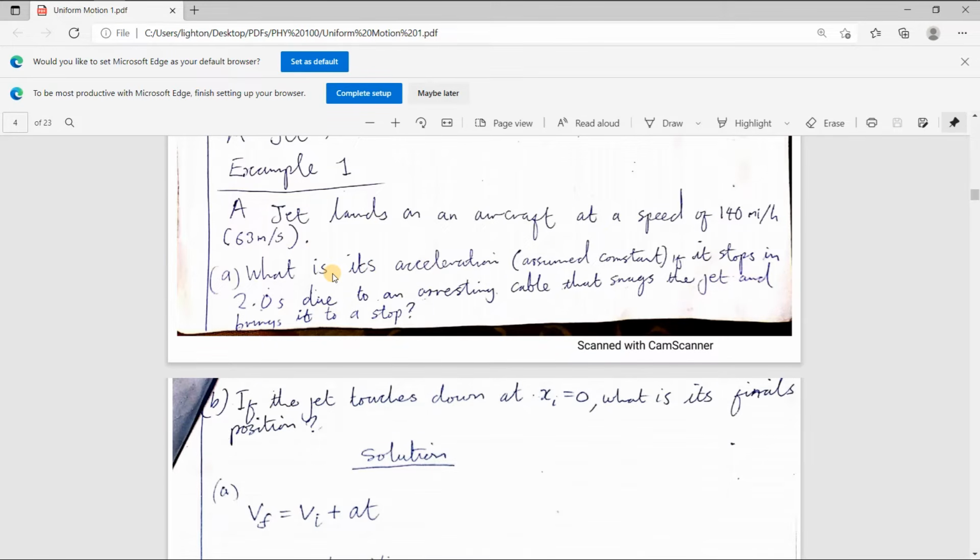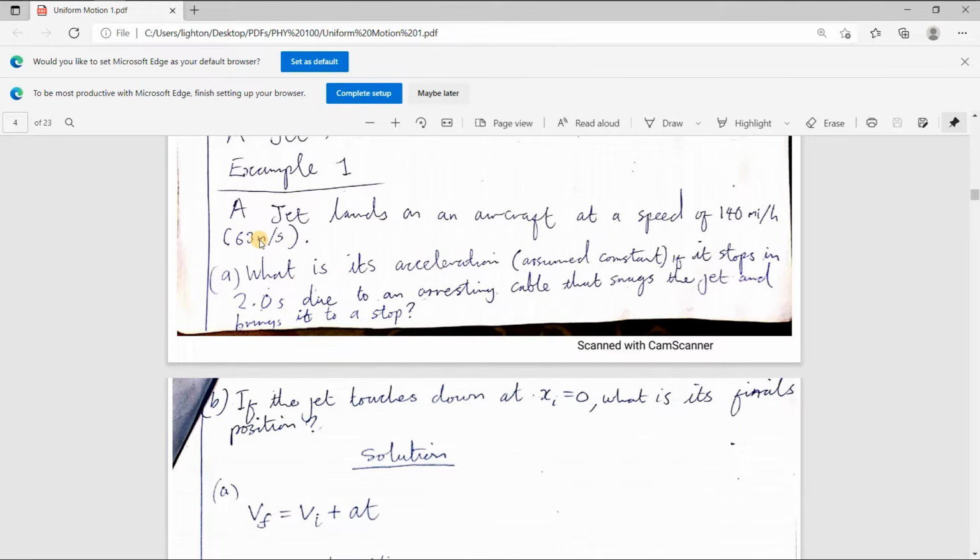When you look at this question, the first thing one wants to do for part A is assume that the jet touched down at the origin. Let's say the point at which it touched down is the origin, and of course it was moving with an initial velocity of 63 meters per second.